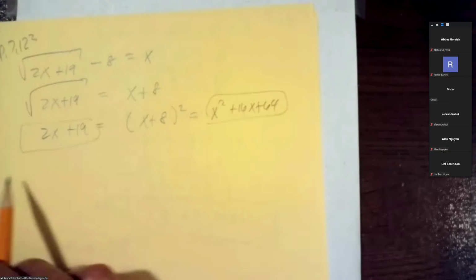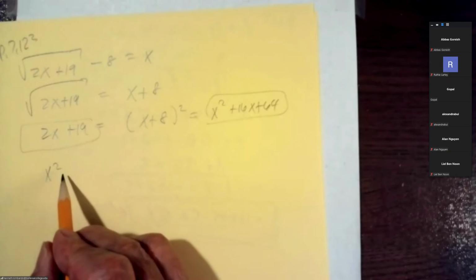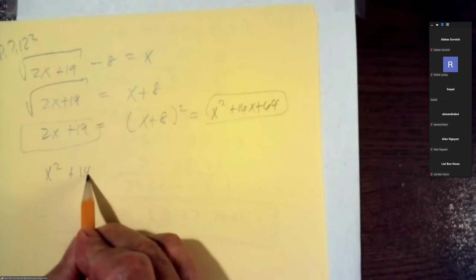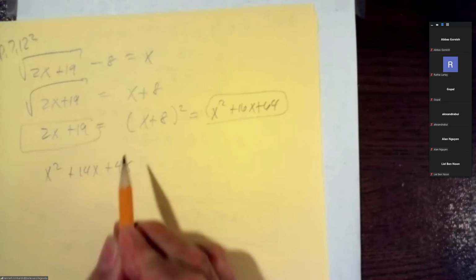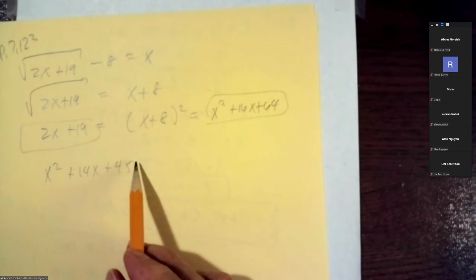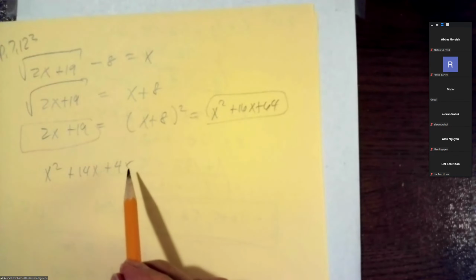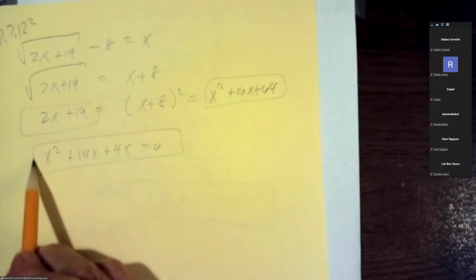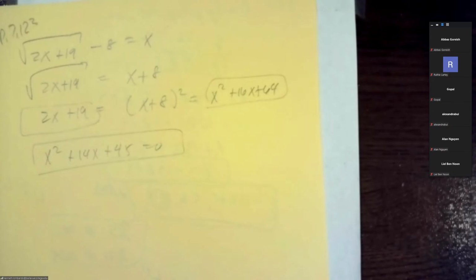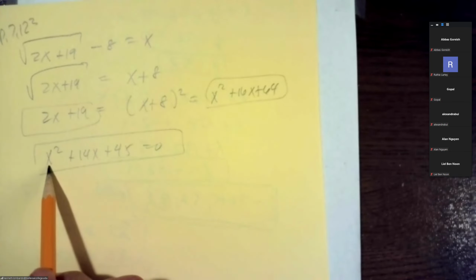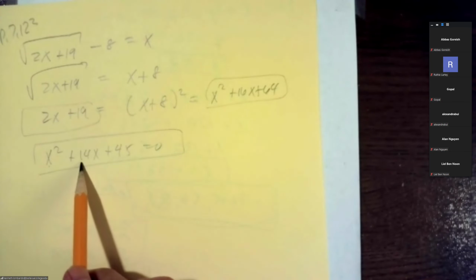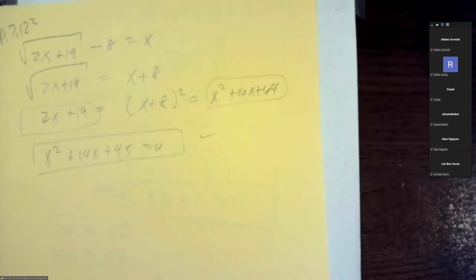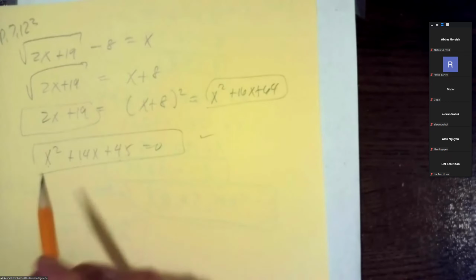Is that x squared plus 14x plus 45? 14x plus 45, and that equals what? 0. Good. All right. Anybody disagree with that? Have we done our arithmetic properly there? Okay, if that looks good, now are we able to solve that? That is to say, are we able to factor?